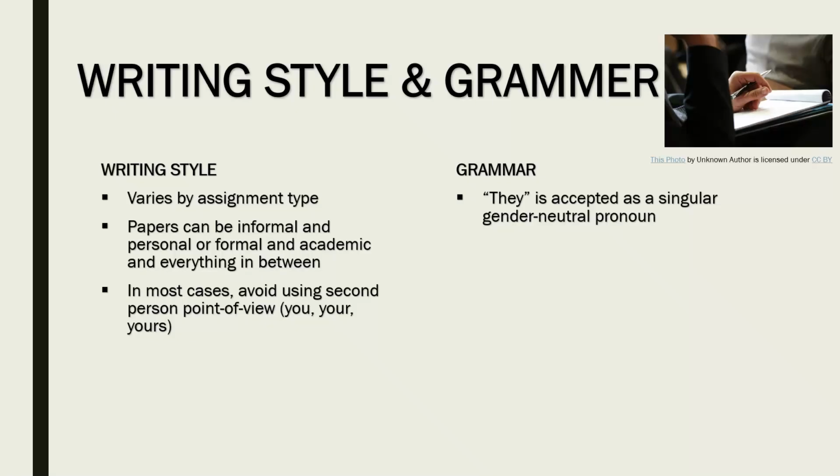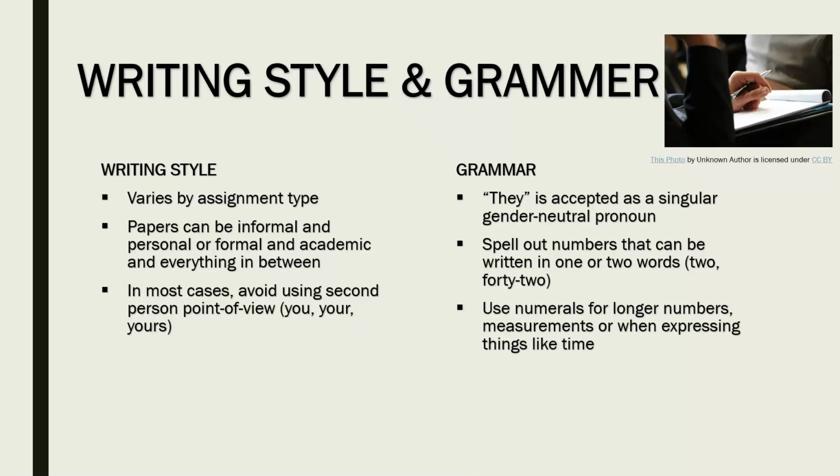Spell out numbers that can be written in 1 or 2 words, like 2 or 42. On the other hand, you should use numerals for longer numbers, explicit measurements, or when you're expressing things like a specific time. Finally, remember that all other standard academic grammar conventions apply, so keep your sentence structures clear, maintain proper subject-verb agreement, and always proofread for clarity.